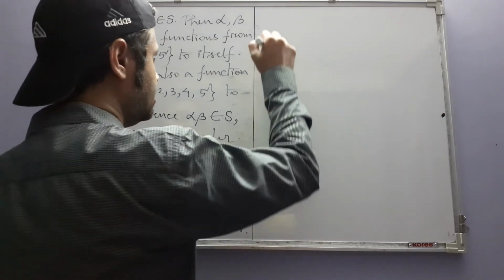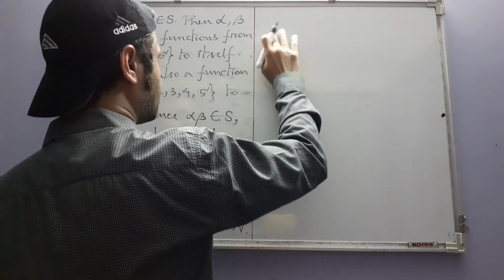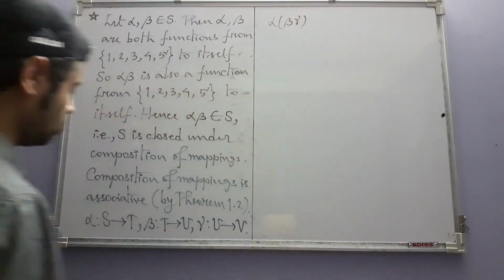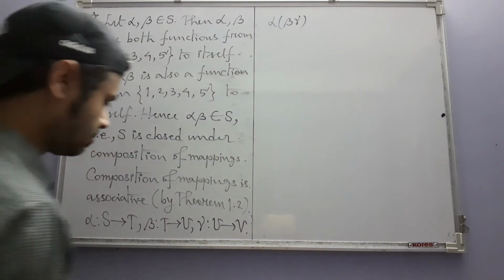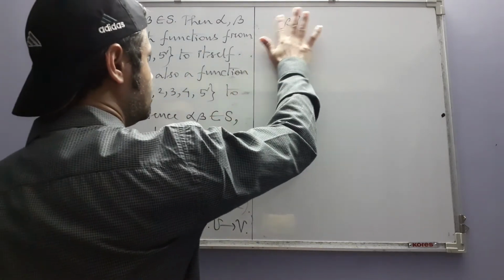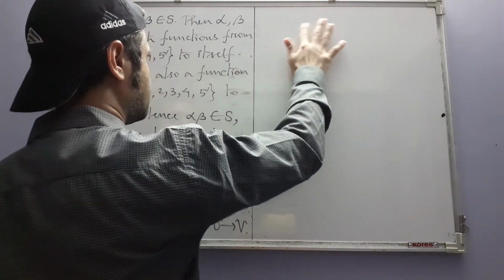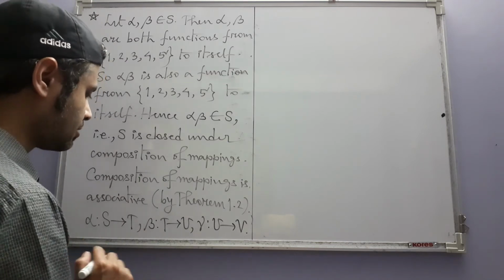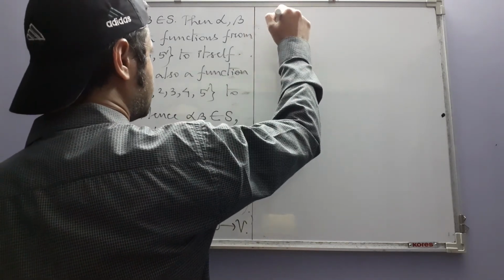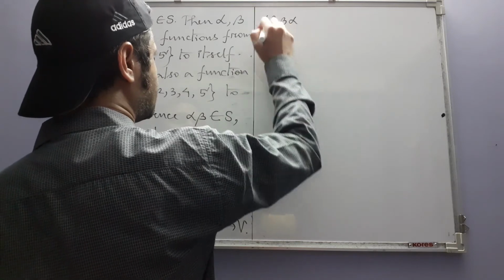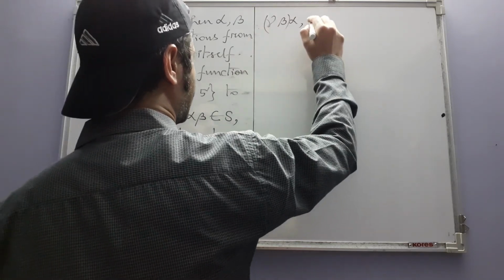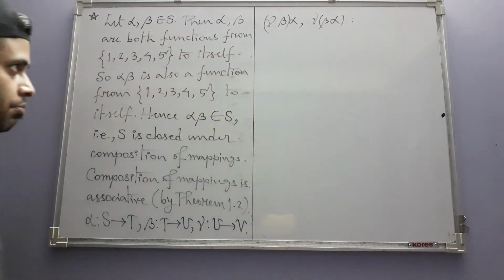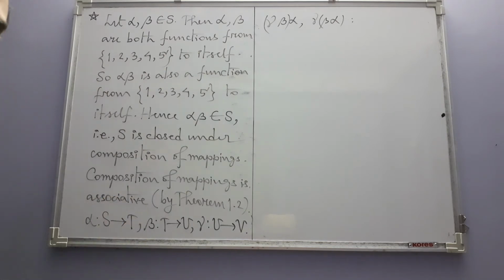Which means that these two functions, alpha composition beta composition... no, we cannot take that. This will not make sense because of the way we generally write things in mathematics. It should be gamma, beta, alpha, and another one is gamma, beta, alpha, with the brackets grouped differently. Both are going to map S into V.